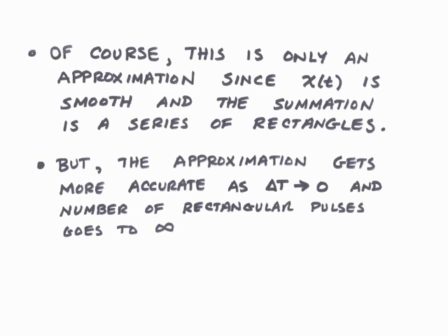And the answer is what we need to do is to make the rectangles thinner and thinner, and by doing so we get more and more accurate approximation. And as delta t goes to 0, the number of rectangular pulses will go to infinity, and the approximation will become perfectly accurate. So that's our next step in trying to understand this, and this is the basis of the convolution integral itself.